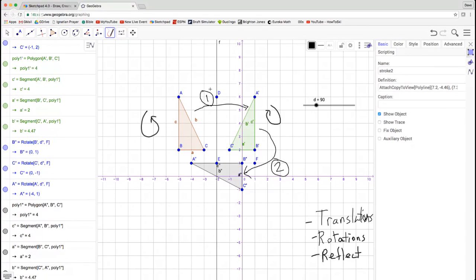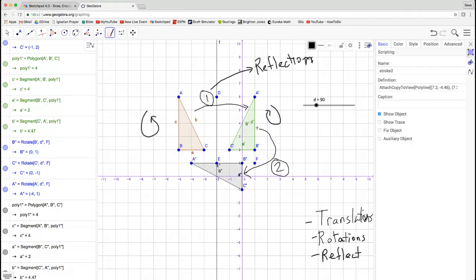Right, and so the answer, hopefully you remember, is going to be a reflection, just one. If I want to get from A to A prime, I need to reflect it across a line that's halfway in between. And notice this line that's halfway in between would also reflect C to C prime and B to B prime. So this line DE is our reflection.